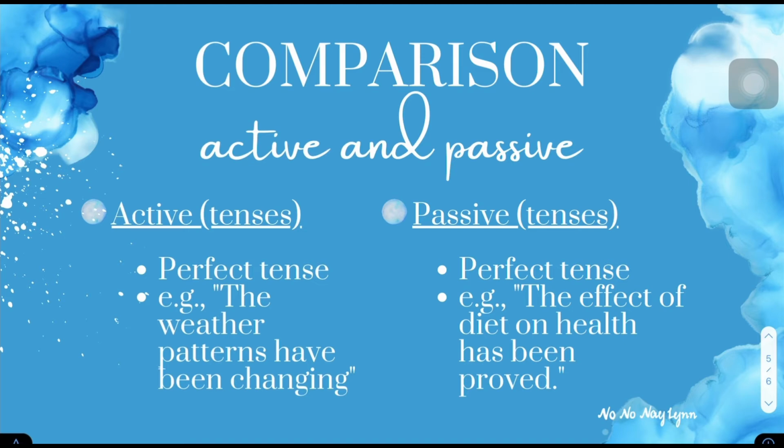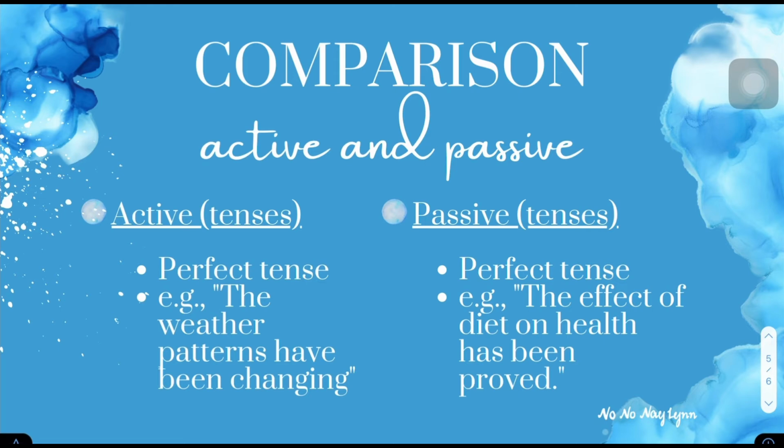For this area of focus, I would strongly recommend checking out the video prior to this, which emphasized the simple and continuous aspects of the perfect tenses. Whether to use has, which is the present perfect, or had, which is the past perfect, depends on whether the situation has effects on the present or not.